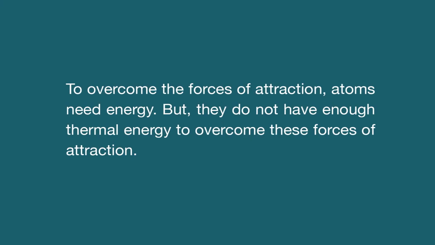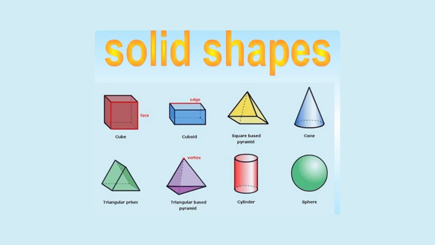But is it an easy task? No. To overcome the forces of attraction, atoms need energy. But they do not have enough thermal energy to overcome these forces of attraction. So, the constituent particles cannot move and they stay in their fixed positions. Hence, solids have definite shape and volume.